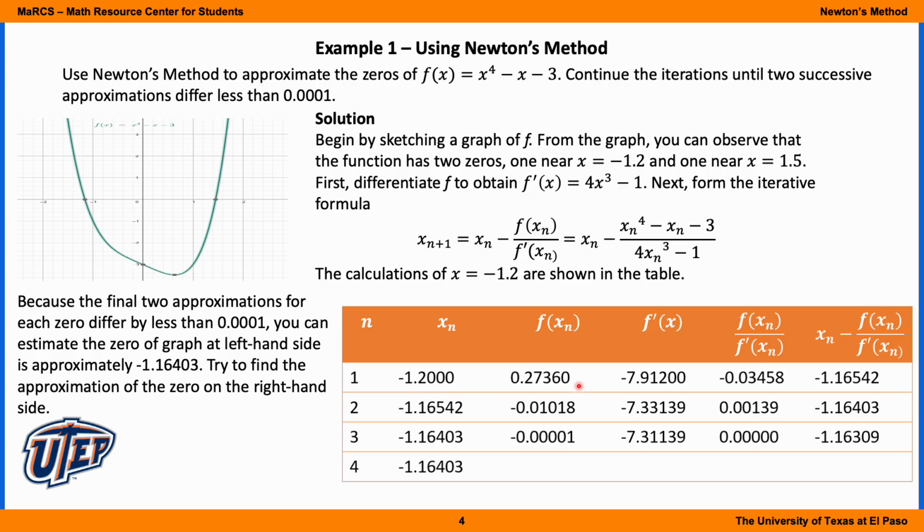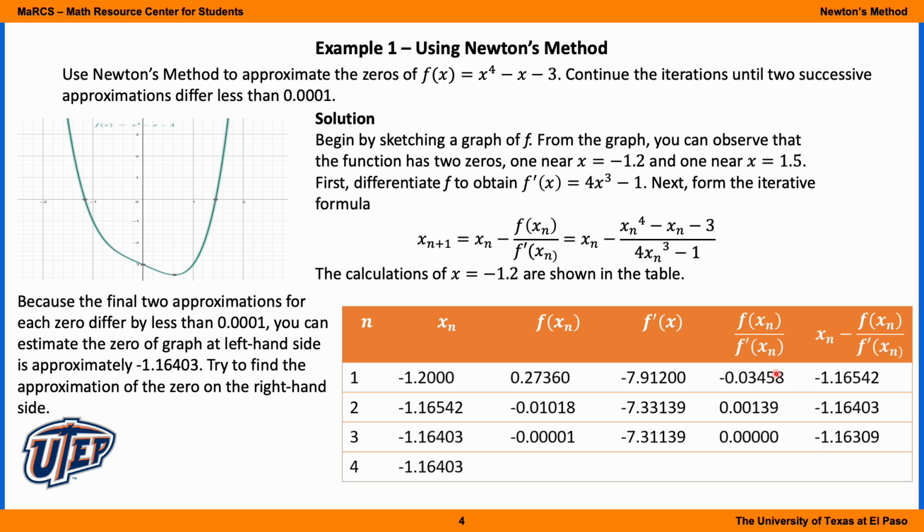Evaluating the function at that value, we get 0.2736. Evaluating our first derivative at negative 1.2, we get negative 7.912. Dividing this value by this value, we get negative 0.03458.